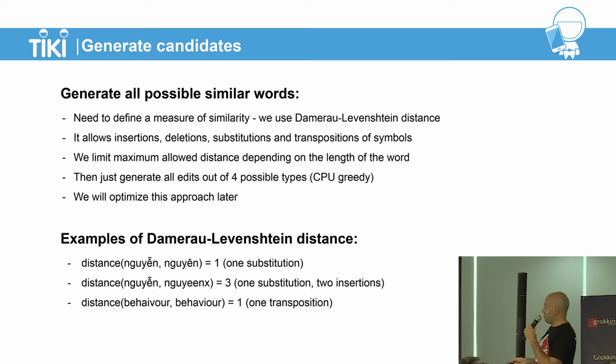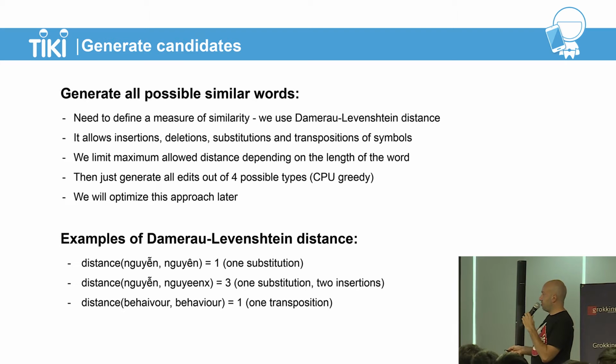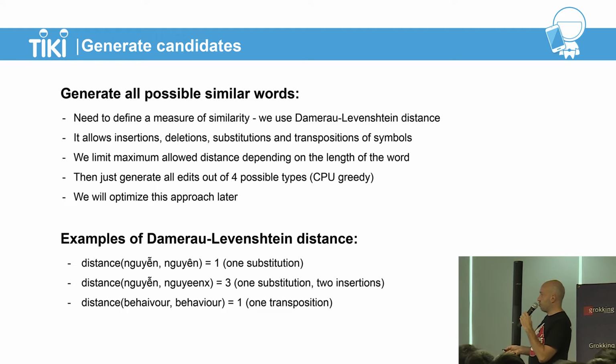Damerau-Levenshtein distance is defined as an edit distance which allows 4 different types of changes in the word. It allows insertion of a symbol, deletion of a symbol, substitution of one symbol, and transposition of 2 adjacent symbols. So if it's iPhone, P and H, you can swap P and H, and it will be distance 1 from the Damerau-Levenshtein distance perspective.